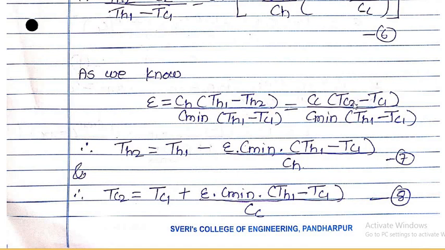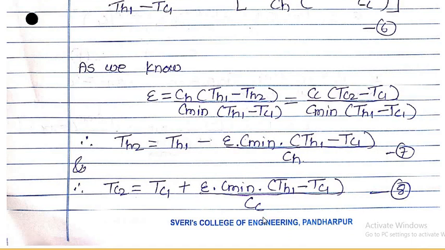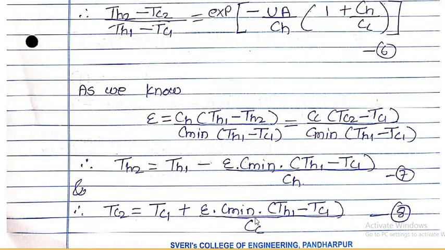Then Tc2 = Tc1 + ε Cmin (Th1 - Tc1) / Cc.